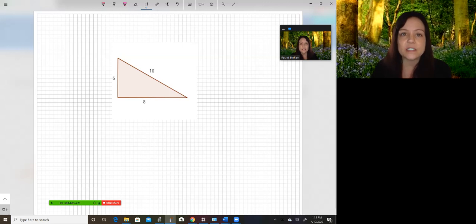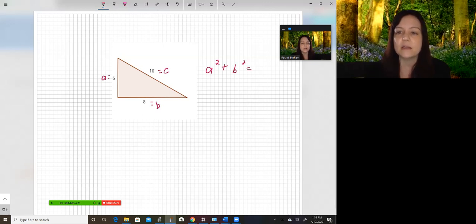Well, an easy way to check it would be to check using the Pythagorean theorem. So if this is B, I always like to make A my smallest side, and C is 10. So using the Pythagorean theorem, which is A squared plus B squared equals C squared: if my A is 6, then A squared is 6 times 6, which is 36.